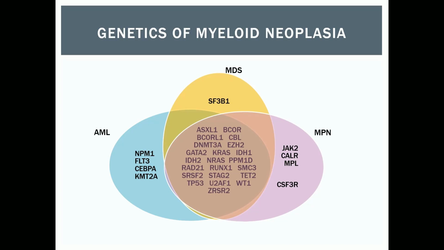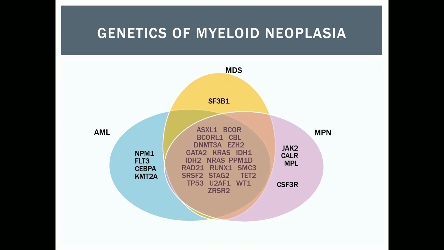We have known for a long time that there are some recurrent chromosome abnormalities that are more common in some myeloid diseases than others. The same holds true for gene variants. Most of the common genetic variants that we detect are not specific to one type of myeloid disease versus another. There are some obvious exceptions to this, though. Generally speaking, detection of a FLT3, NPM1, or a biallelic CEBPA variant is consistent with AML.